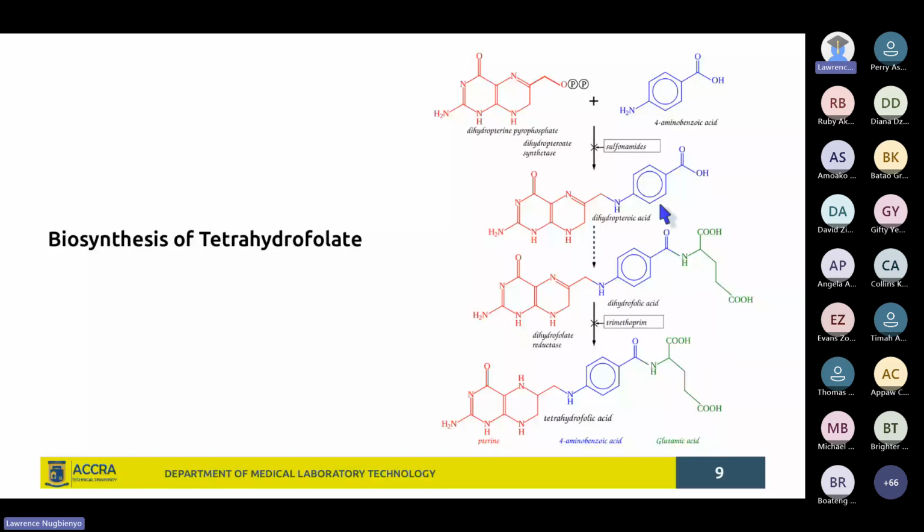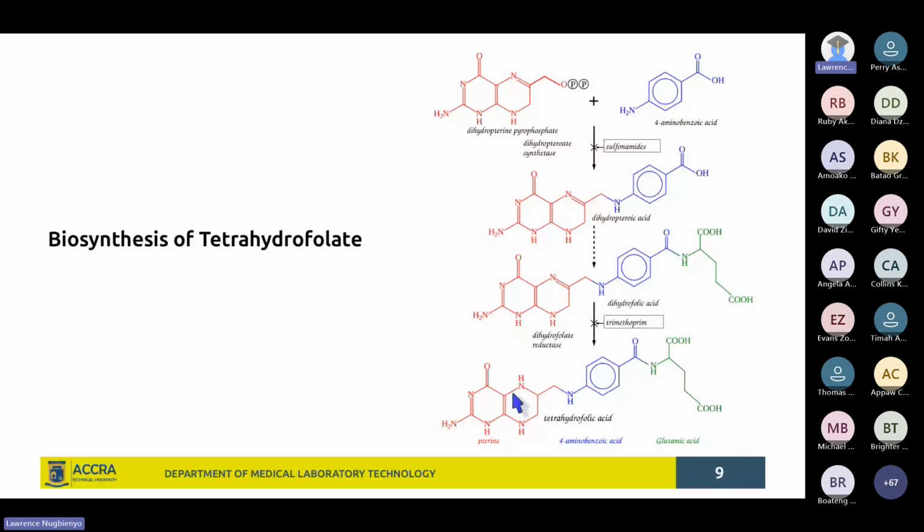Then from there, you see there is a conjugation of a third molecule, and that molecule is glutamate, or glutamic acid. That's an amino acid. The next thing you see is just a reduction reaction, where this double bond is removed, so that in place of that you now have a hydrogen on nitrogen, which means there will also be a hydrogen on that carbon, between which you have the double bond with a nitrogen.